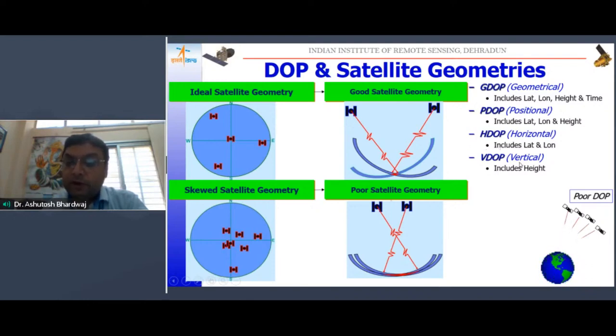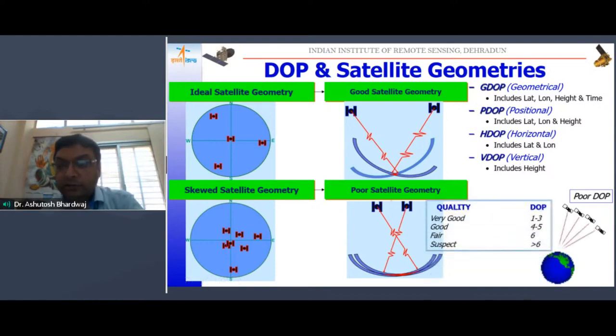Whereas if our interest is in the height, then we refer to it as vertical dilution of precision. So if the DOP value is between 1 and 3, it's called very good. If it is between 4 and 5, it is good, and fairly good up to 6. If the DOP value is more than 6, then we consider it to be less reliable. So we prefer not to do survey at that time.